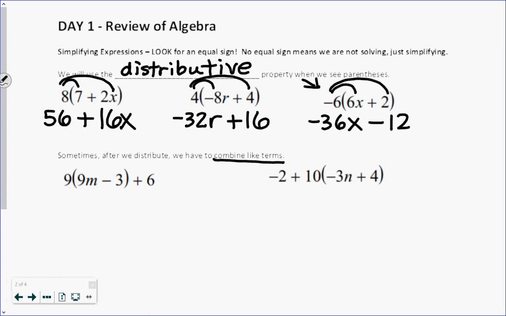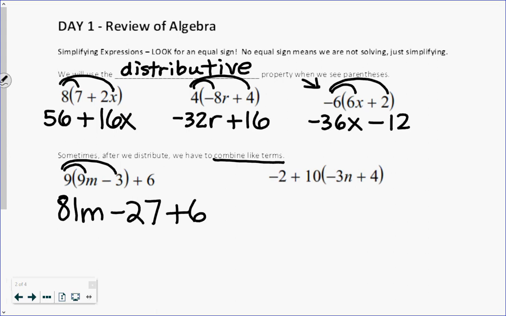So if we look at this first one, we see the 9 will be distributed. 9 times 9m is 81m. 9 times negative 3 is negative 27 plus 6.